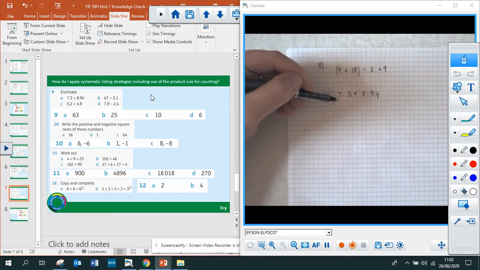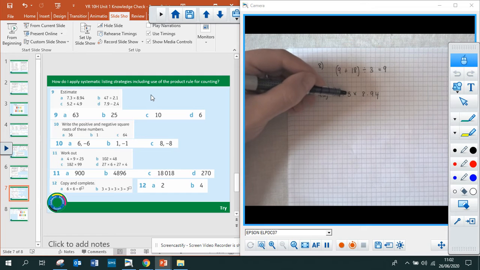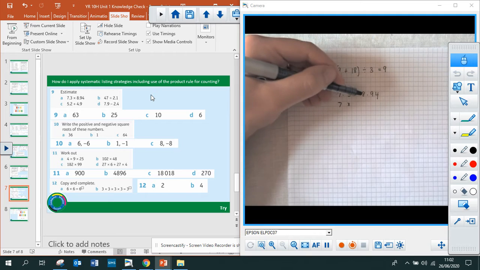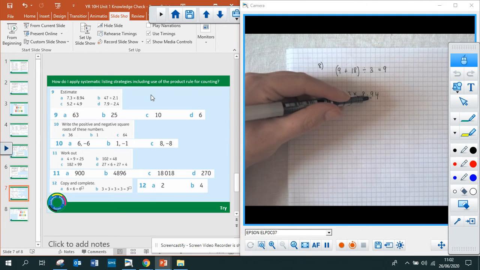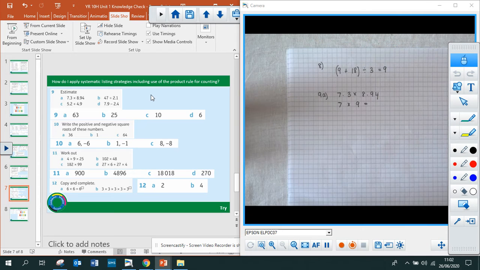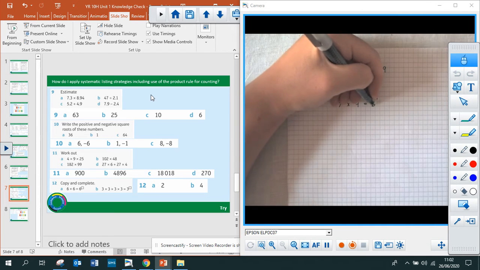Remember you look to the first non-zero number. Here it's 7. Look at the number next to it and round accordingly. So that's going to round down to 7 multiplied by, well, this is my first non-zero number, 9 is more than 5, so round it up to 9. So roughly we're doing 7 multiplied by 9, and 7 nines are 63.